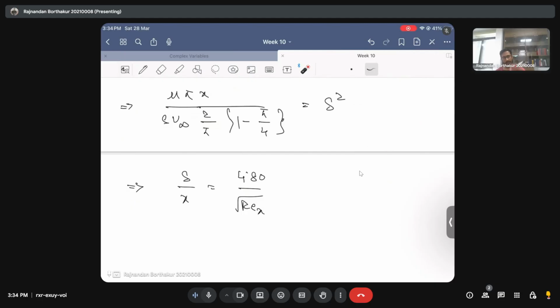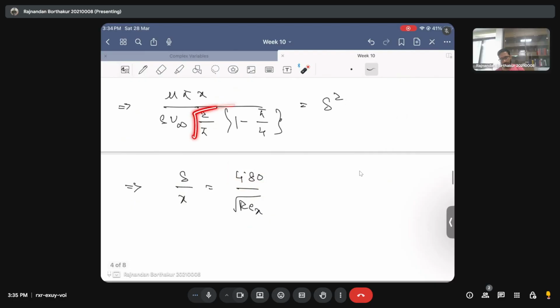Then take the square root, and since there will be an x squared, a single x comes outside the square root, and the square root of this quantity gives you 4.80. That's how this relation comes.